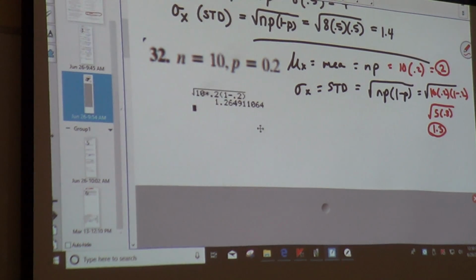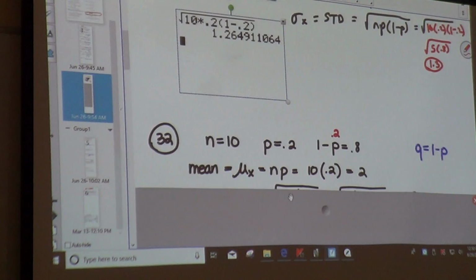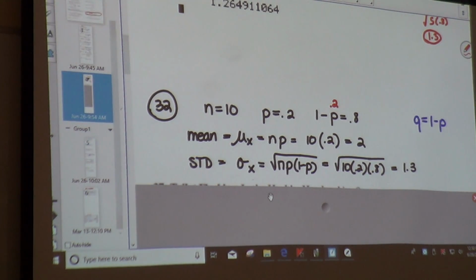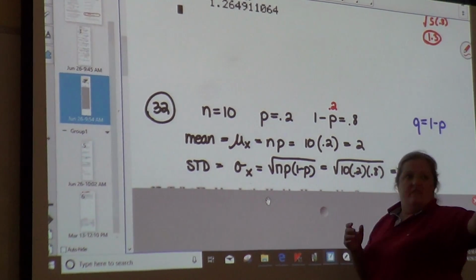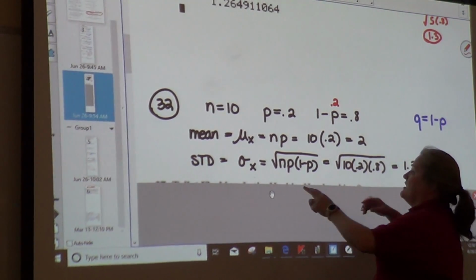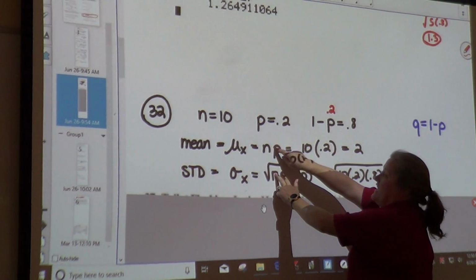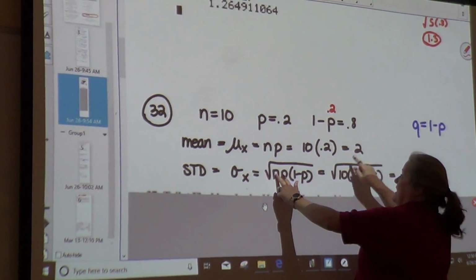And then down here, instead of doing n times p again, this was the shortcut I think Austin was talking about: they took the answer from n times p, which is 2, and plugged that in.